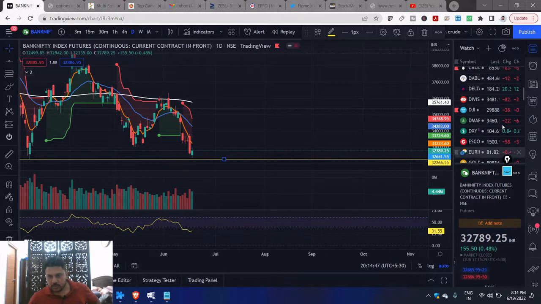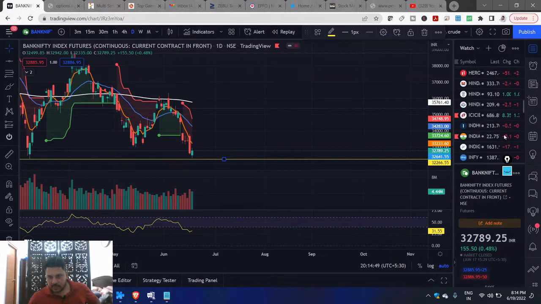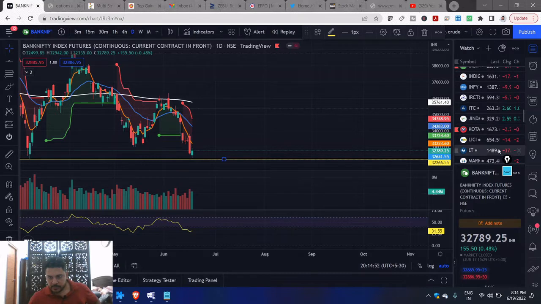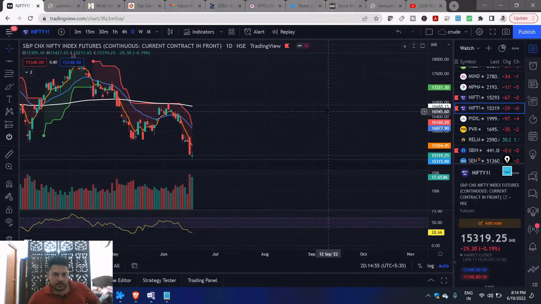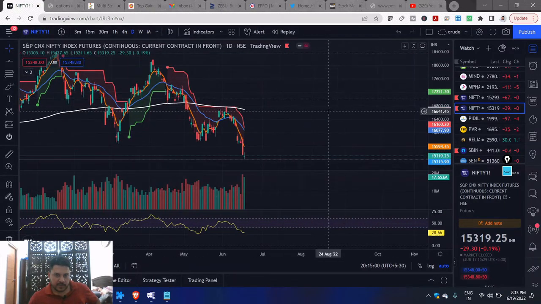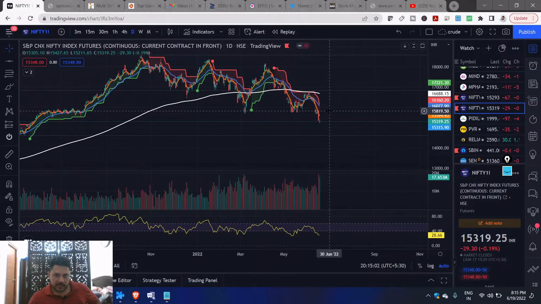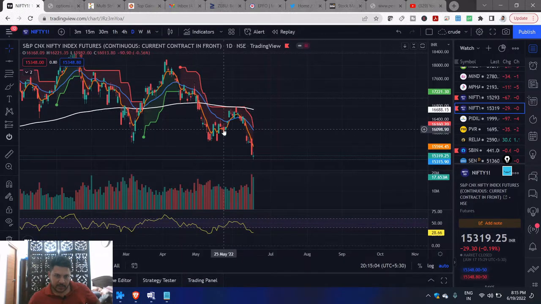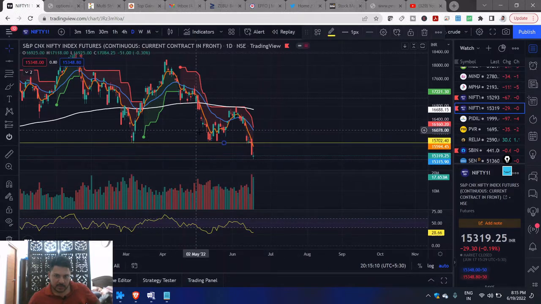Let's move to Nifty and understand what is happening there. Nifty is in a very different zone, and it is quite weaker compared to Bank Nifty. You can see it has already broken the level.